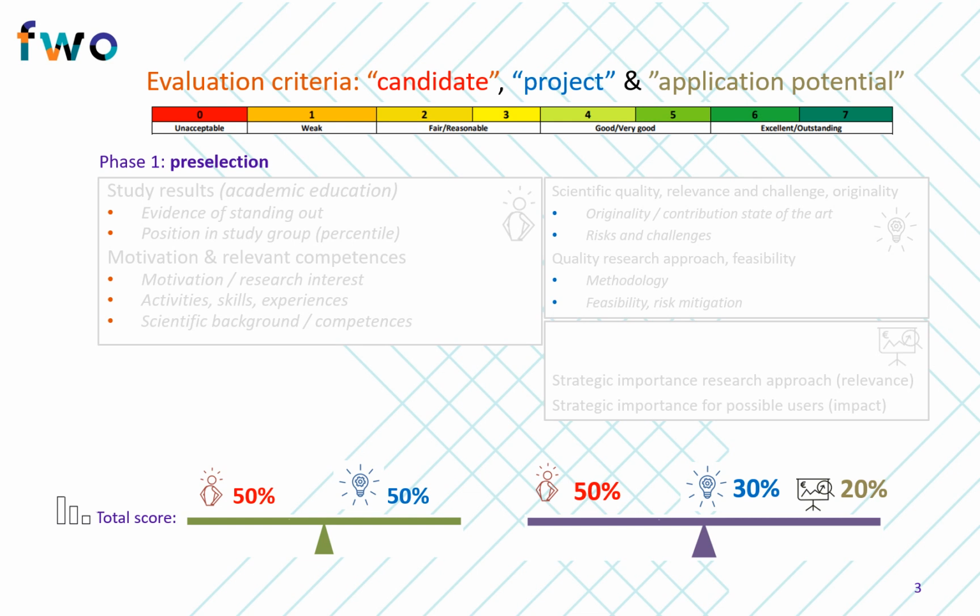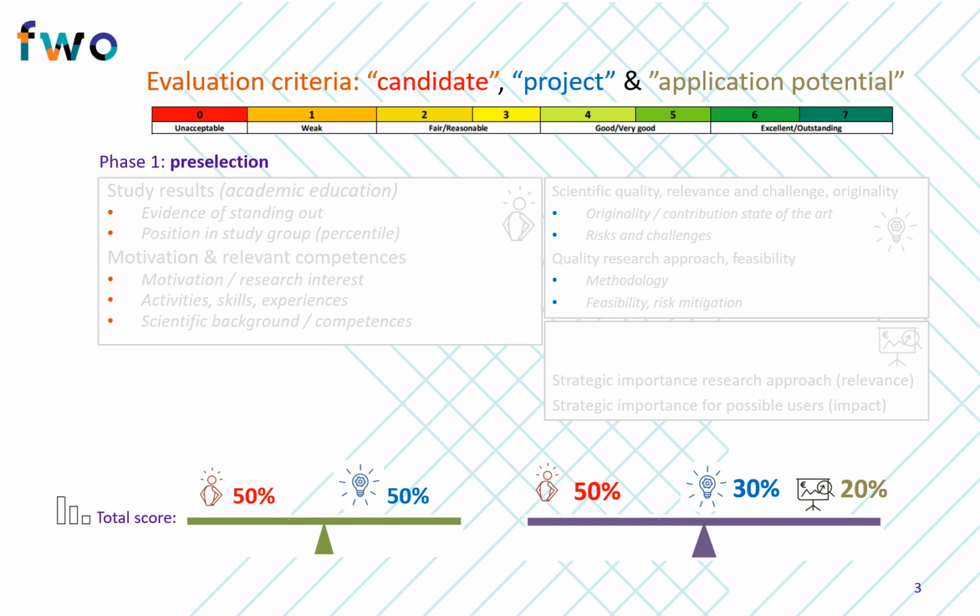The internal review report is a written evaluation of the project proposal. For each proposal, we expect you to assess either 2 or 3 main evaluation criteria, namely the competences of the candidate, the quality of the project proposal, and for the PhD Fellowship Strategic Basic Research, additionally the application potential.